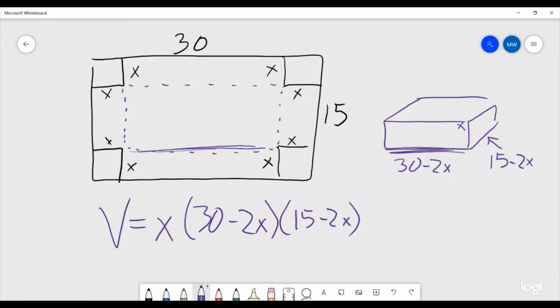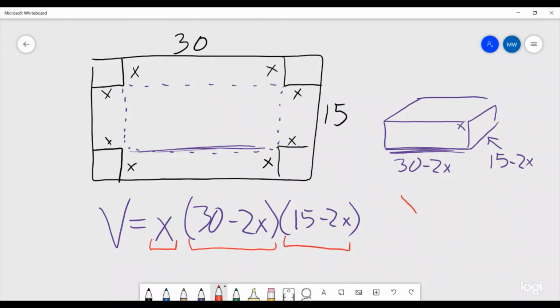For example, we could find the volume, theoretically, of the box if x was 20, but if x is 20, then these little boxes that we're cutting out are bigger than one of the sides, and so that doesn't make any sense. So here, because we are dealing with a real-world situation, and a box with a side of negative length doesn't make any sense, that tells us that each of these sides has to always be bigger than 0.